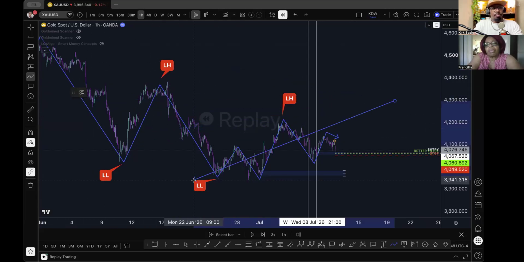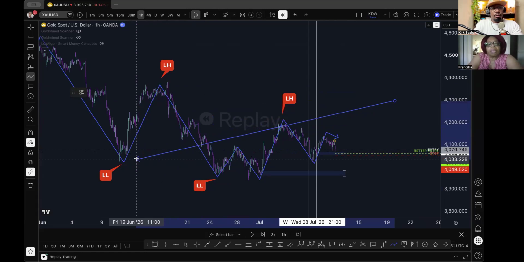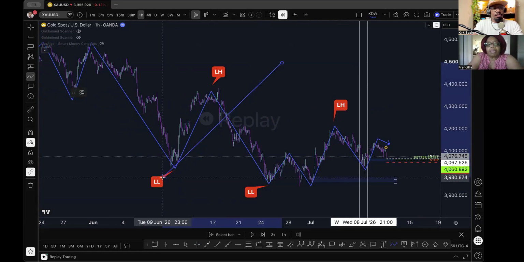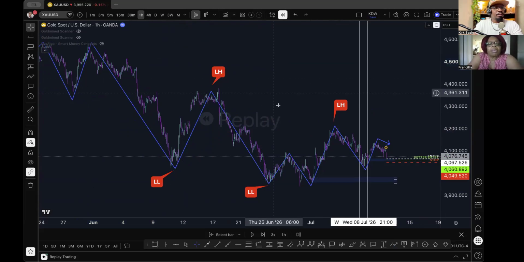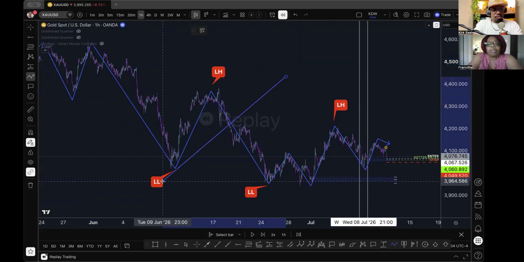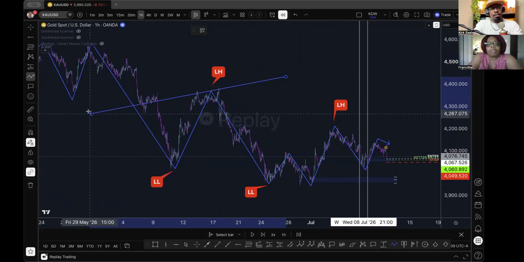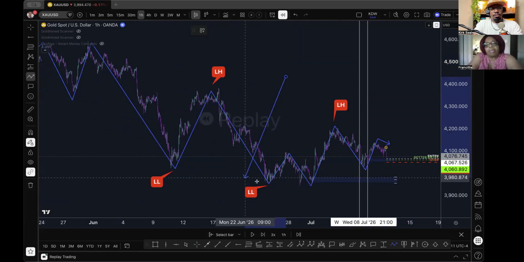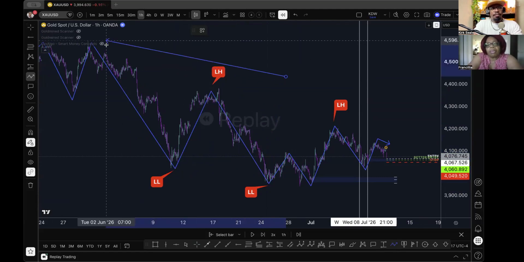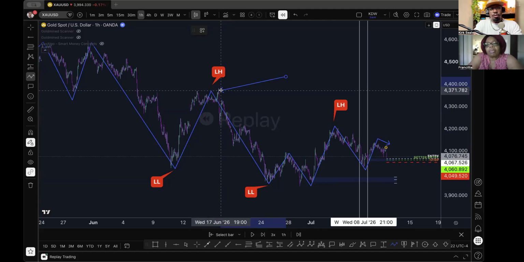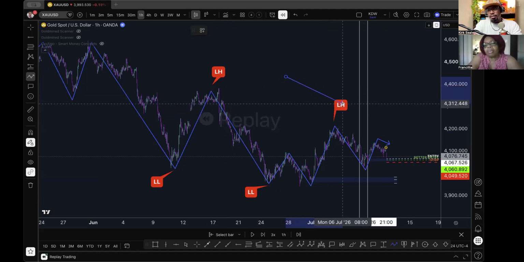All right, so let me just explain why these things are what they are. This is a lower low because this was the last low overhead. This is a lower low because this is a previous low, and this low is lower than this low. This low is lower than this low, so this is a lower low as well. This is a lower high, and then this high is lower than this high, so this is also a lower high.